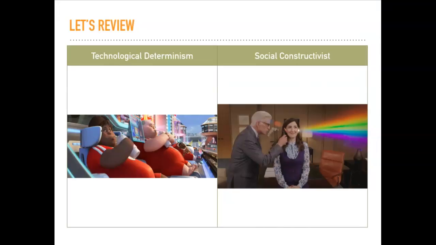Welcome back. I hope those clips were helpful for you to get a better sense, with an example, of how technological determinism and social constructivist theory look in our cultural milieu. So they're funny clips.